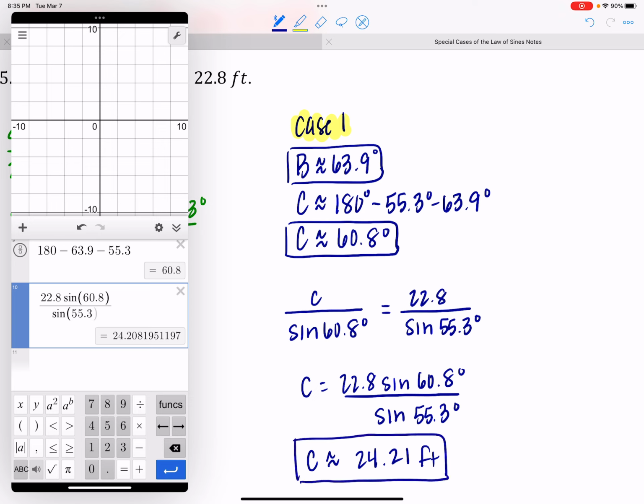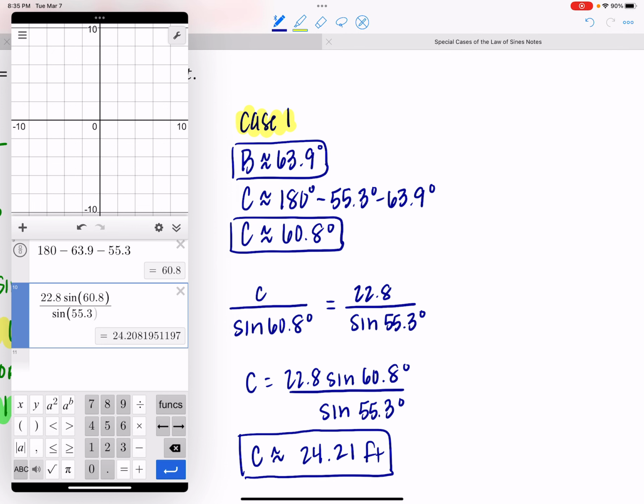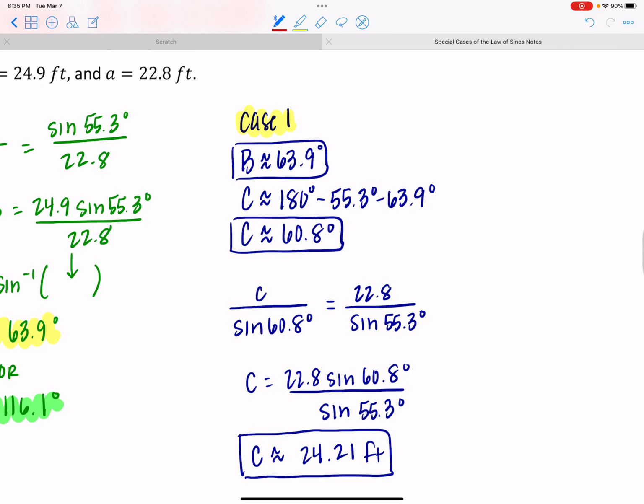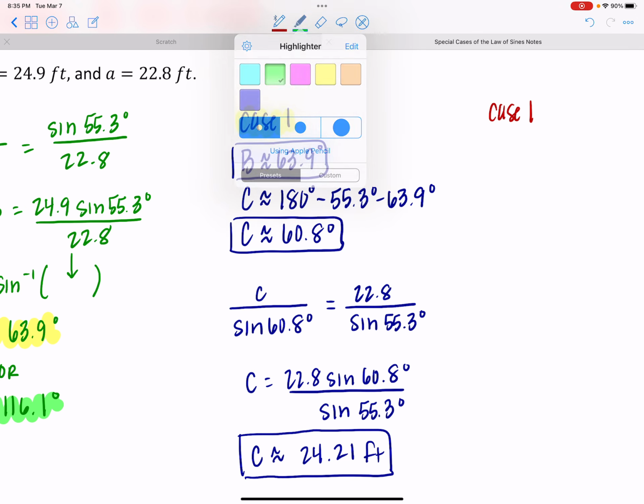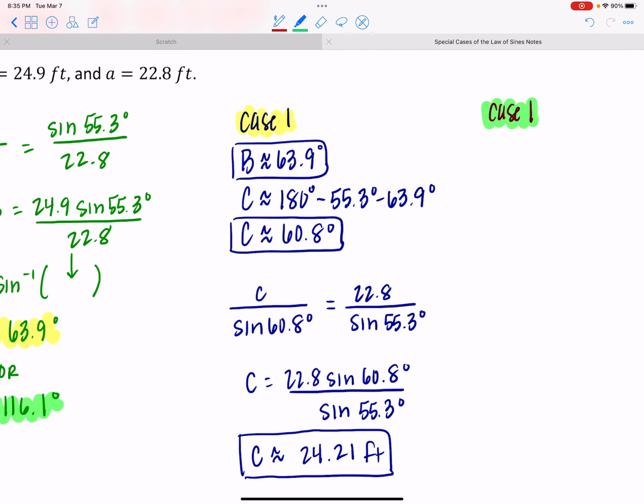Okay, so this is one option. With the measurements that were given, one option is this is the missing information. The other option is going to be our case 2, which is the same work but corresponding to the obtuse angle.